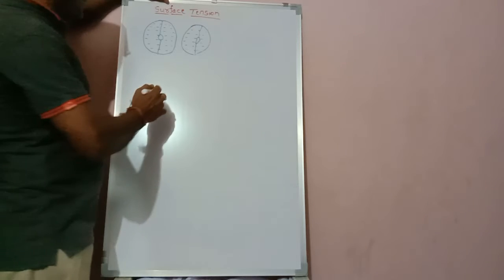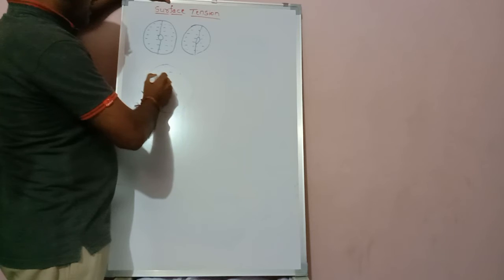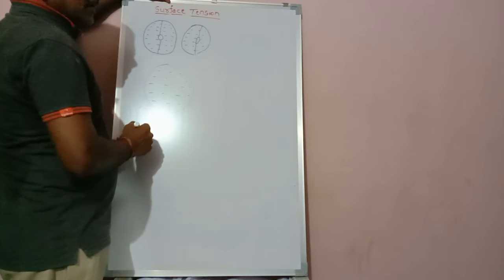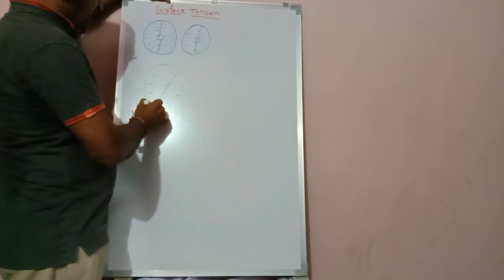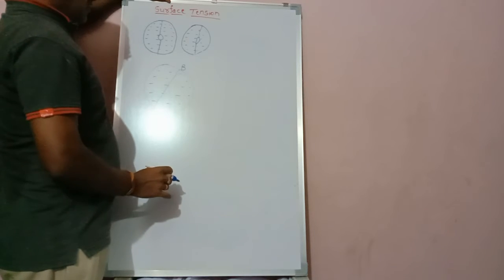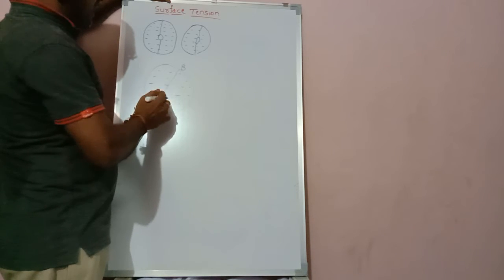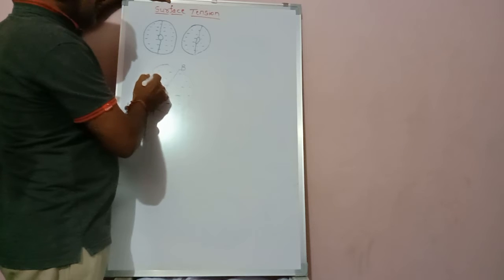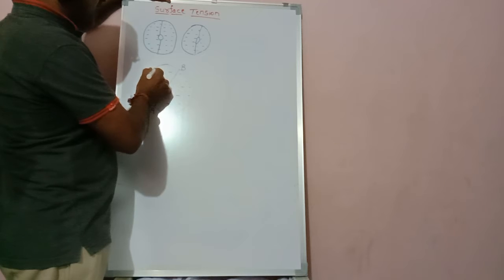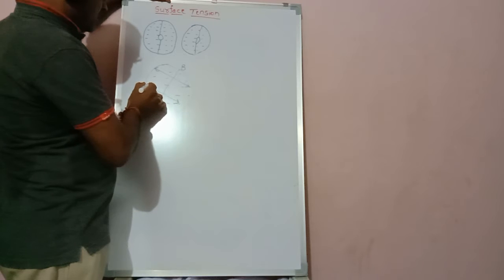Clear? So here, see, this is water or any liquid. Here is one imaginary line, AB. That imaginary line AB divides the surface of water into two parts, and it is perpendicular to that one.